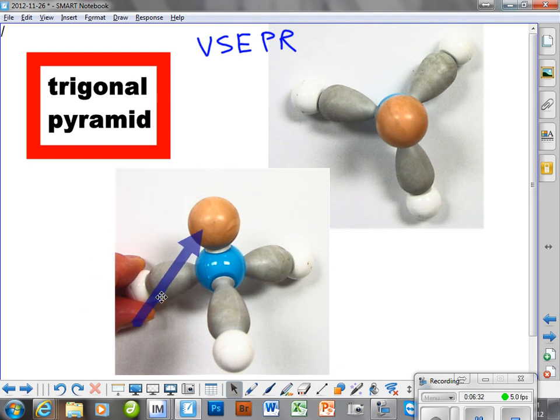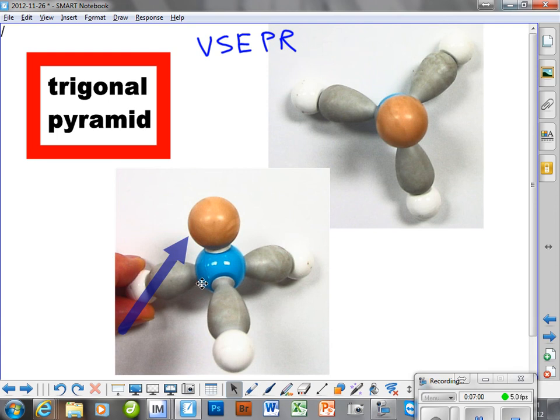So this pair of electrons pushes away this one, pushes away this one, pushes away this one. One being a pair, I'm talking about a pair here. So each of these pairs pushes each other as far apart as they can possibly get. And that's what determines the angles that these guys are going to be at. And we'll talk about that more later. But this is the trigonal pyramid.